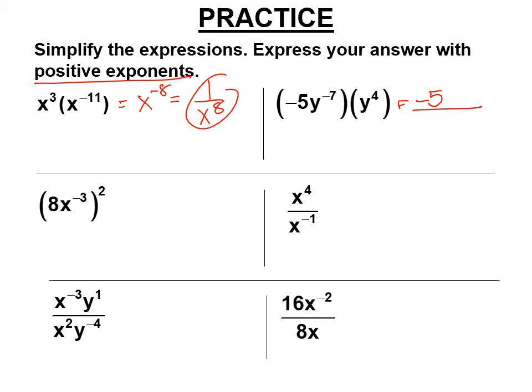-5 stays where it is. Y to the 4th stays where it is. Y to the 7th flips.